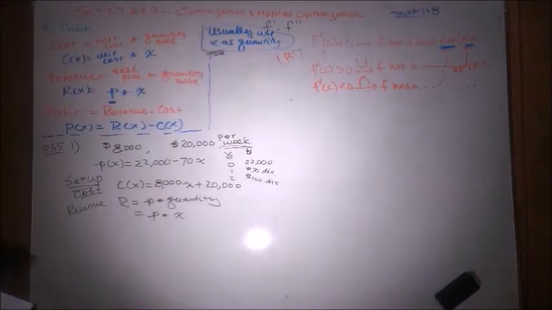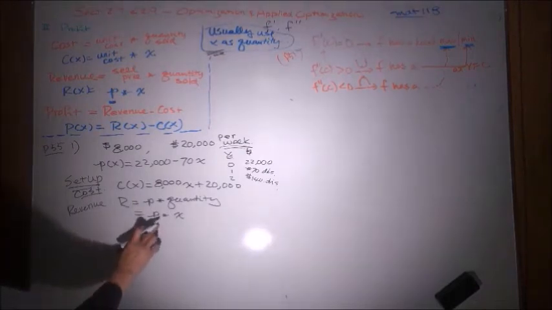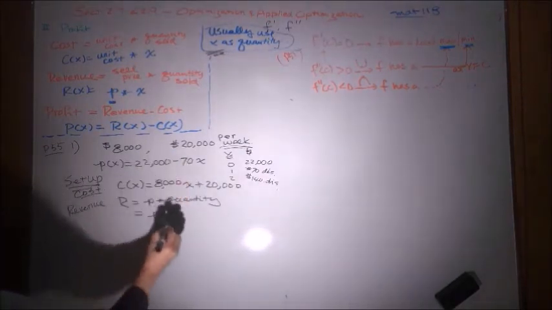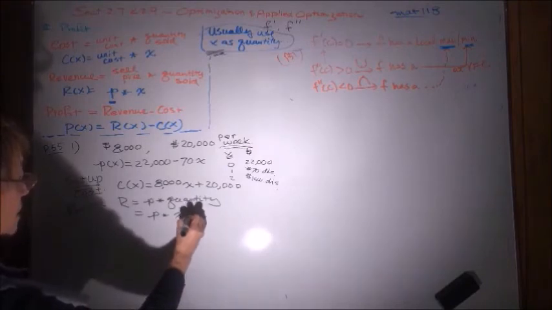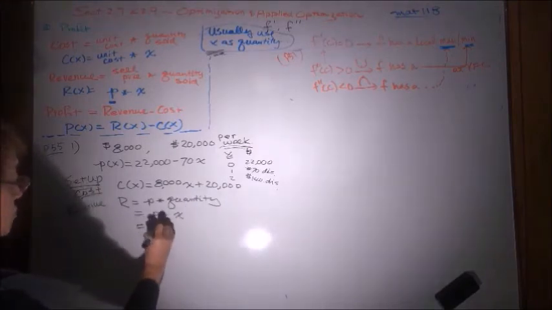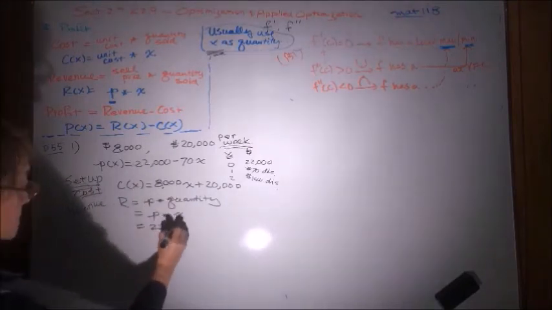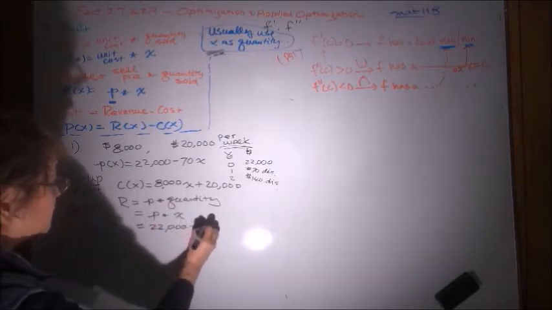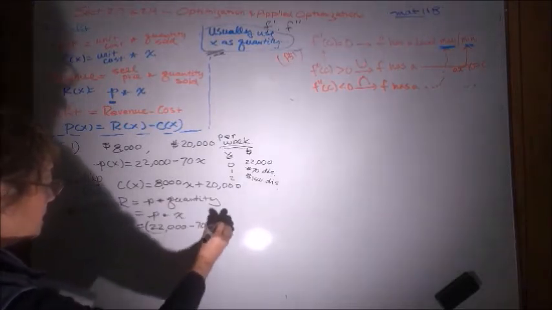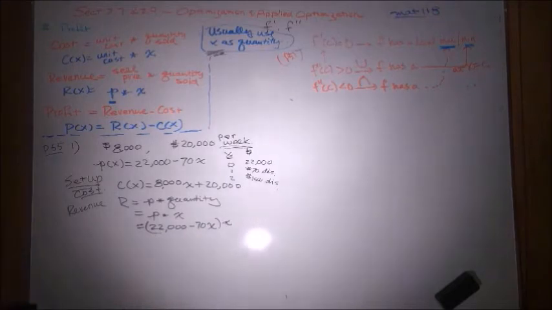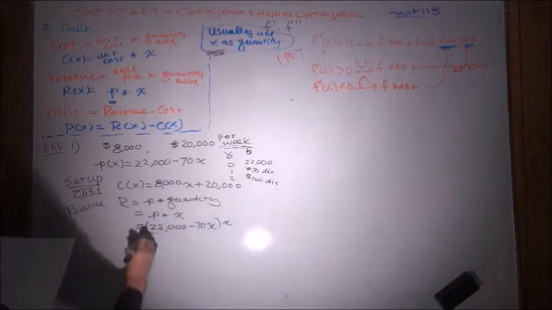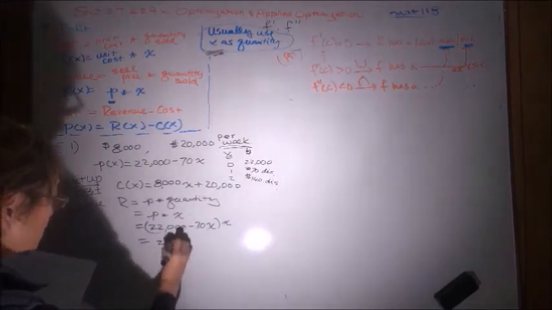Then your price is according to your quantity sold, so actually that will be plugging in 22,000 minus 70x, times x. Is that right? Okay, we'll just write it out.